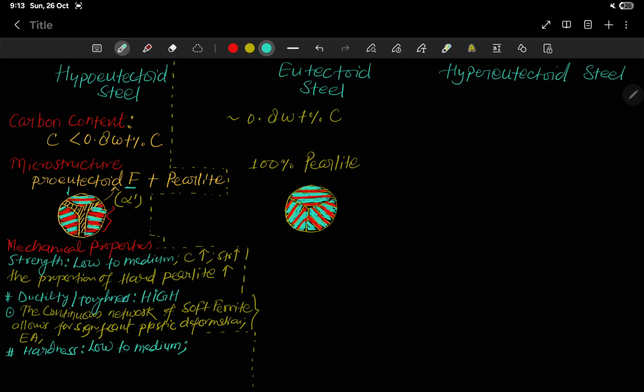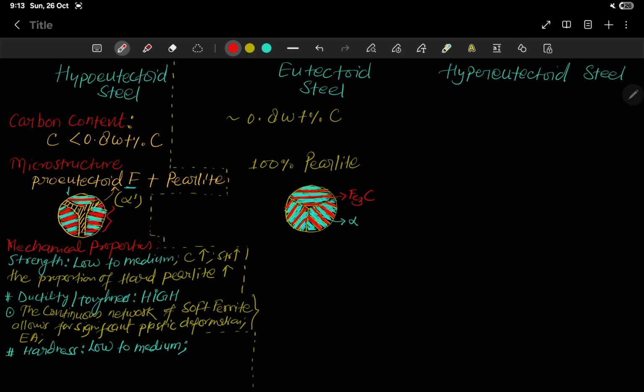This magenta color I am representing alpha phase, and this red color I am representing Fe3C.